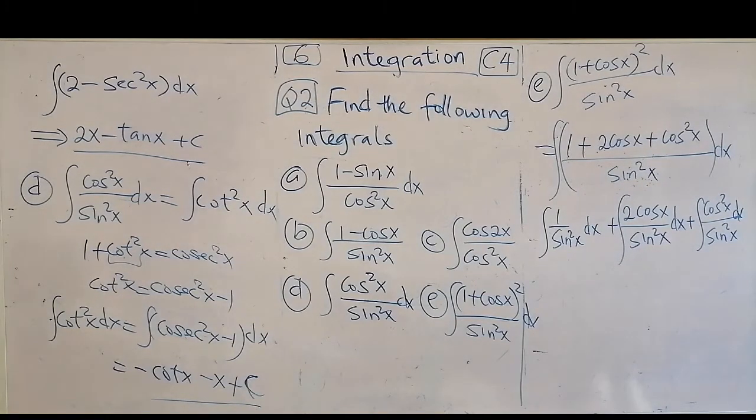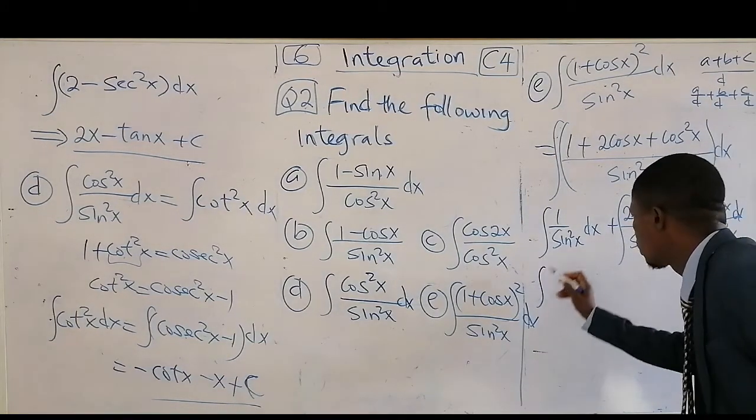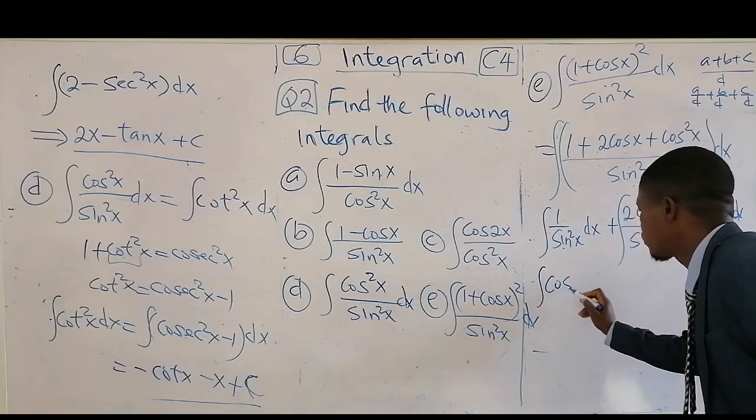Don't forget, if you have a plus b plus c all over d, it implies a over d plus b over d plus c over d.